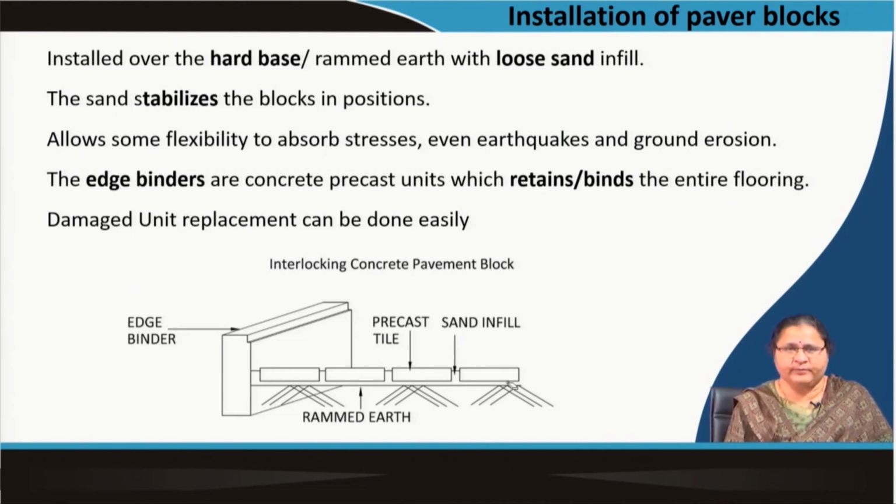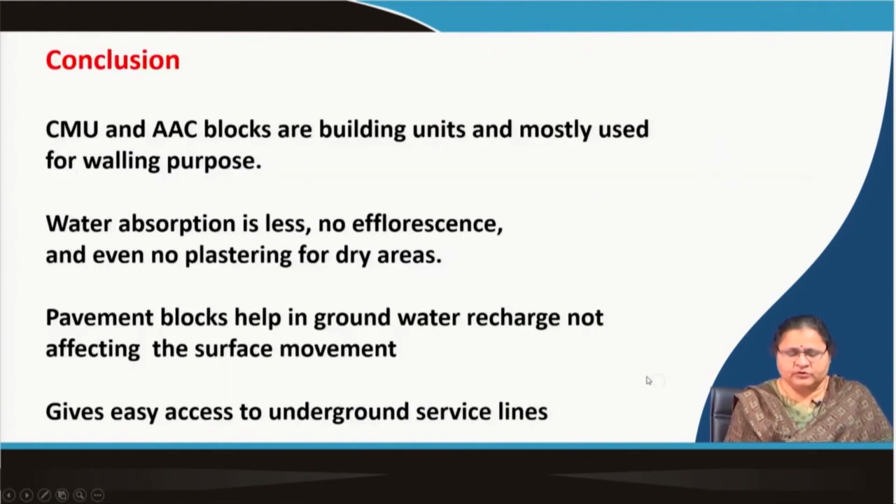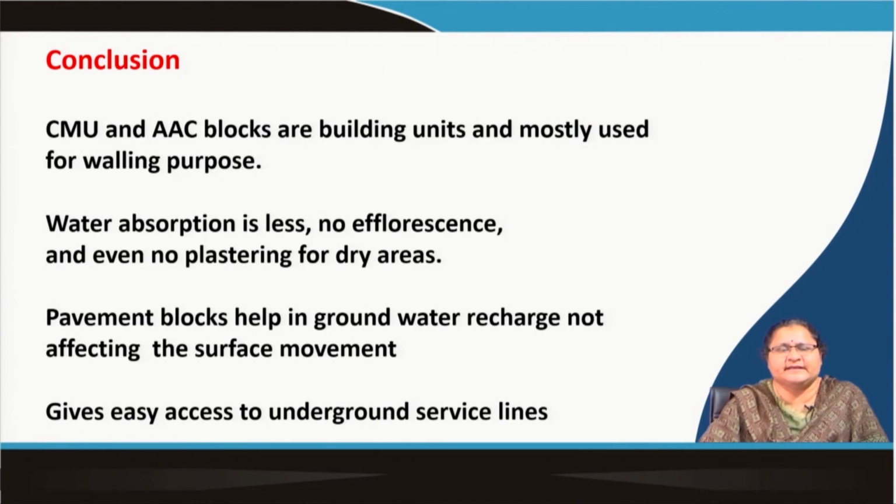You have to make the earth and keep on moving forward. So we can conclude that although these are very similar to brick, they provide faster construction, the CMUs and the AAC blocks. The joining is also very simple, easy, and it is mostly used for walling purpose.